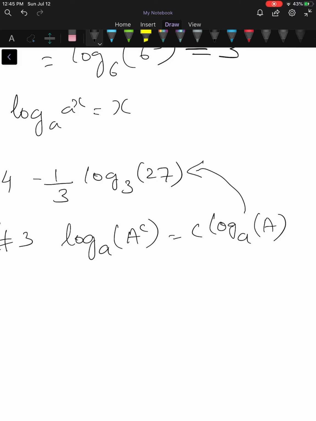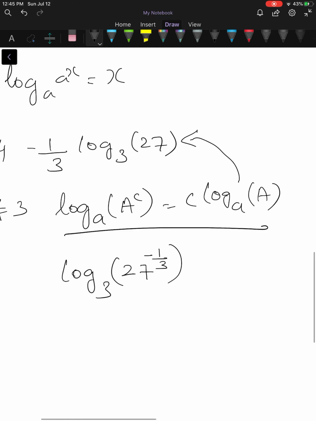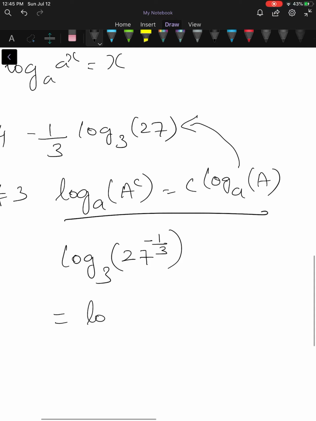So the given format is in the form of RHS. So if you have to express that in the form of LHS, you can apply this property. That would give us log 3 of 27 to the power of negative 1 over 3. Correct? So negative 1 over 3.